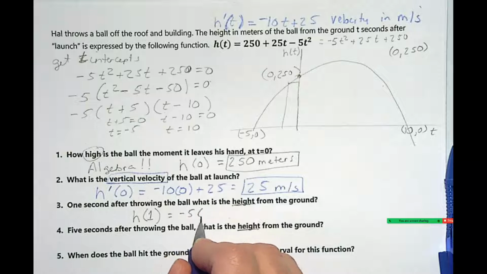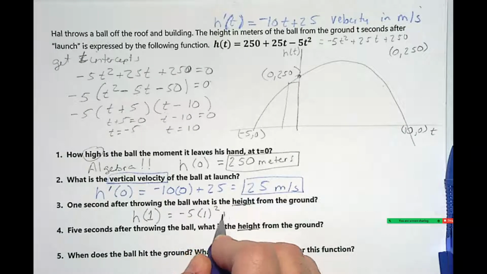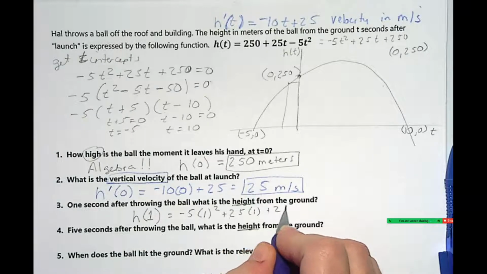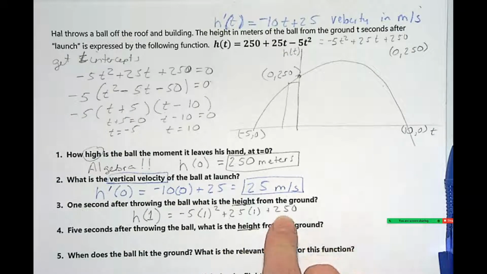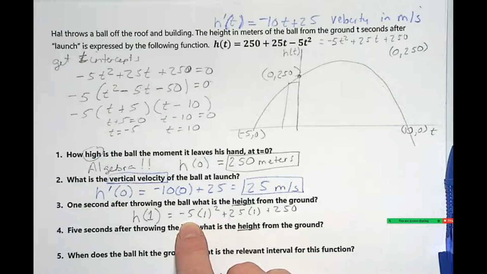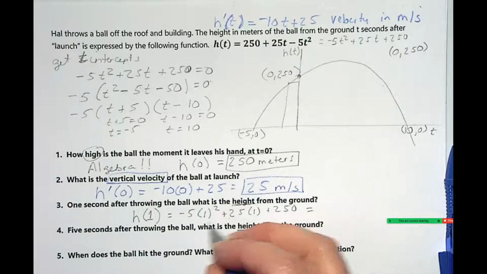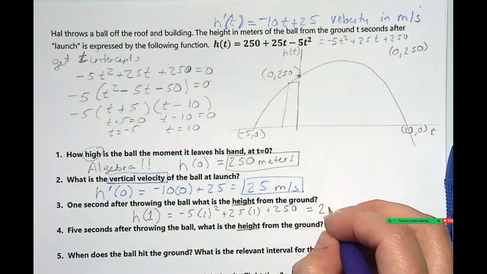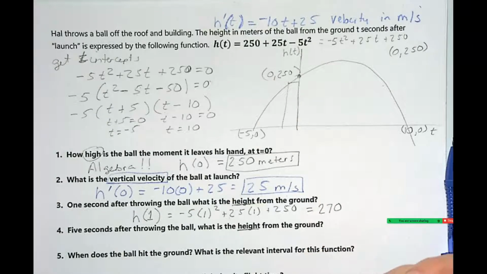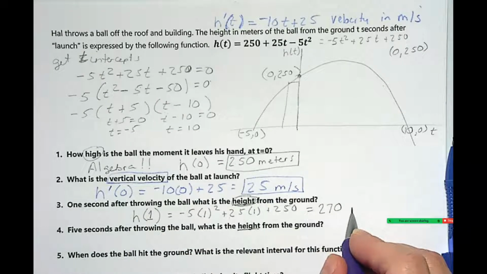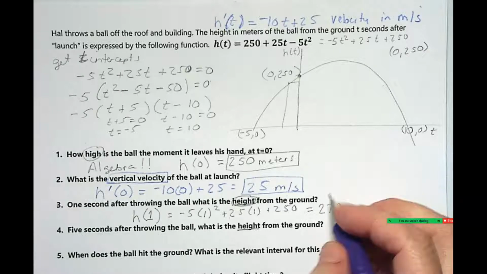Negative 5 times 1 squared plus 25 times 1 plus 250. So we did 250 plus 25, which is 275, minus 5, which is 270. So 270, and we're using algebra, and we're talking about the height. So what are our units here? Meters. Meters, good. So it's 270 meters.